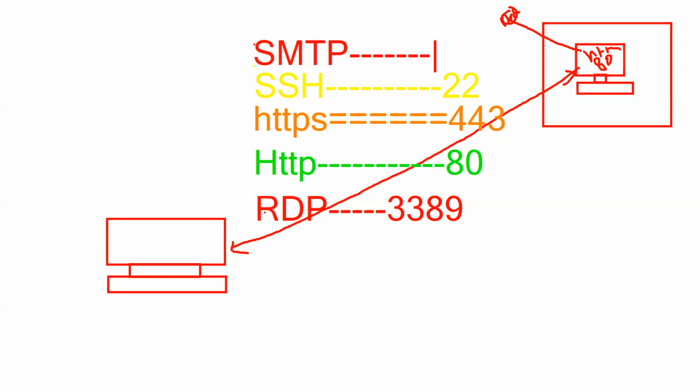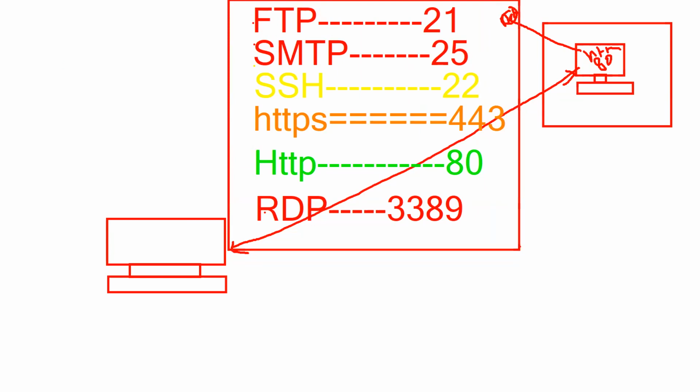SMTP port number is 25. Another port is FTP. FTP port number is 21. So I kindly request you to remember all these port numbers. It is very important and they will ask you in interviews as well.